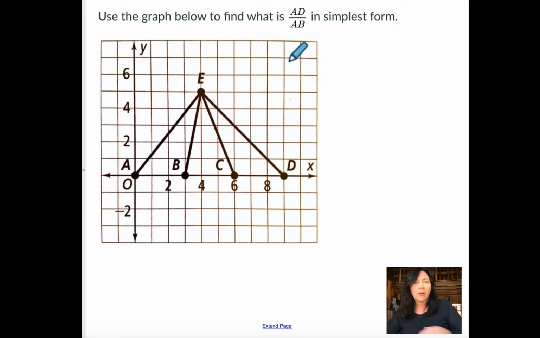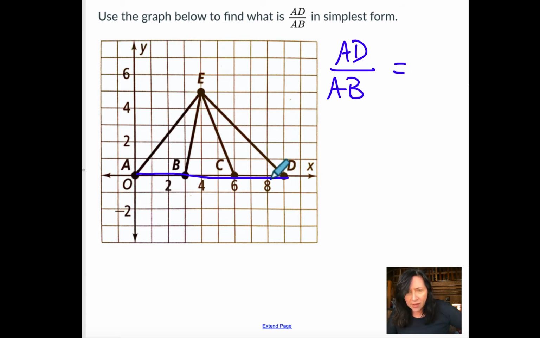For this problem here, it says use the graph below to find what AD to AB is. AD is this long length all the way from here to here, so you would say AD over AB. AD is 8 plus 1, which must be 9.